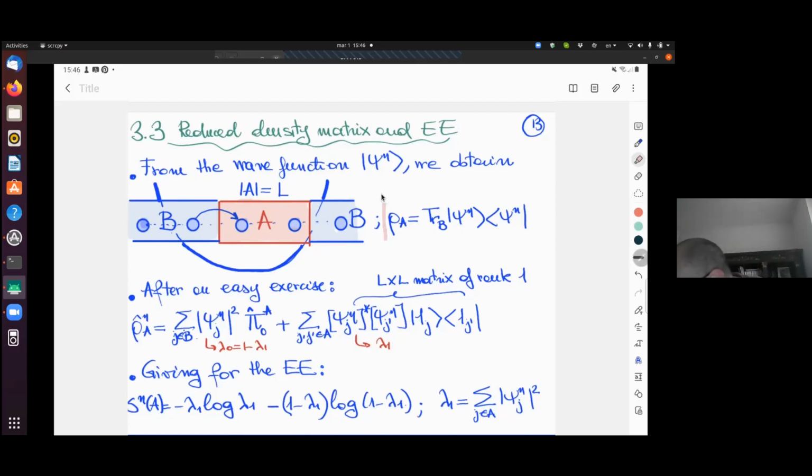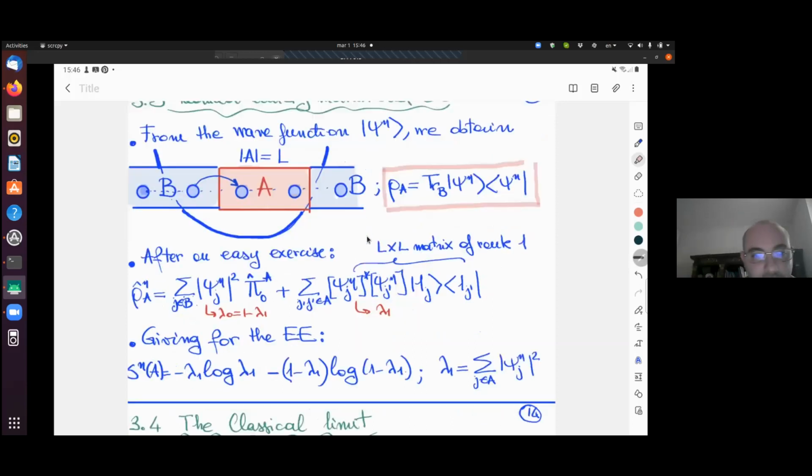In this way, we determine rho A. It's an easy exercise to show that rho A is just a sum of two orthogonal projectors. One is a projector on the state with zero particles within region A, and the other is a projector of rank 1 on the state with only one particle.